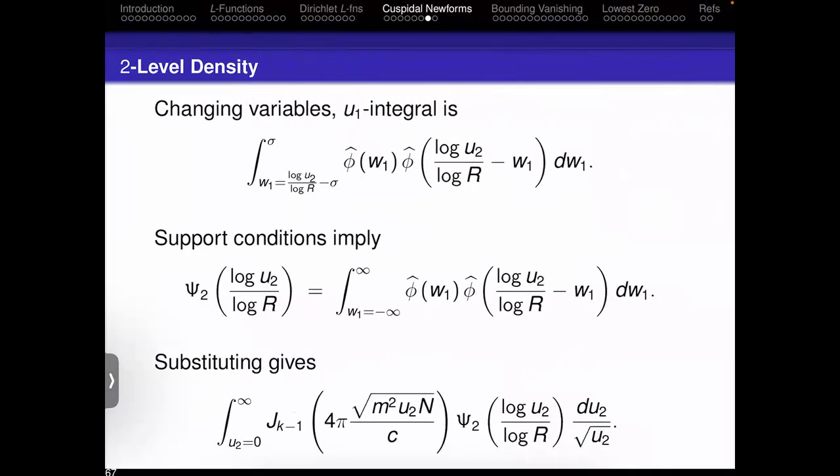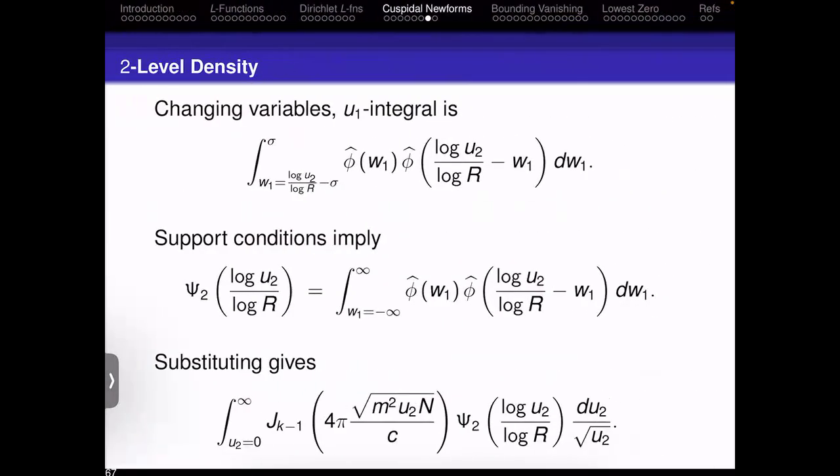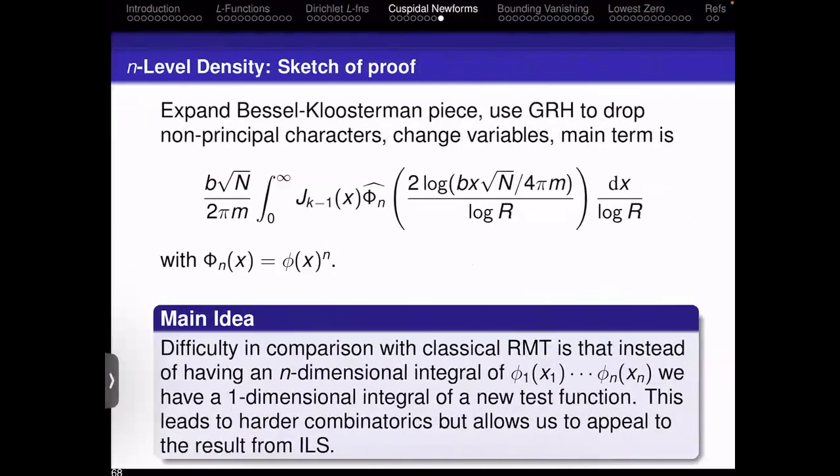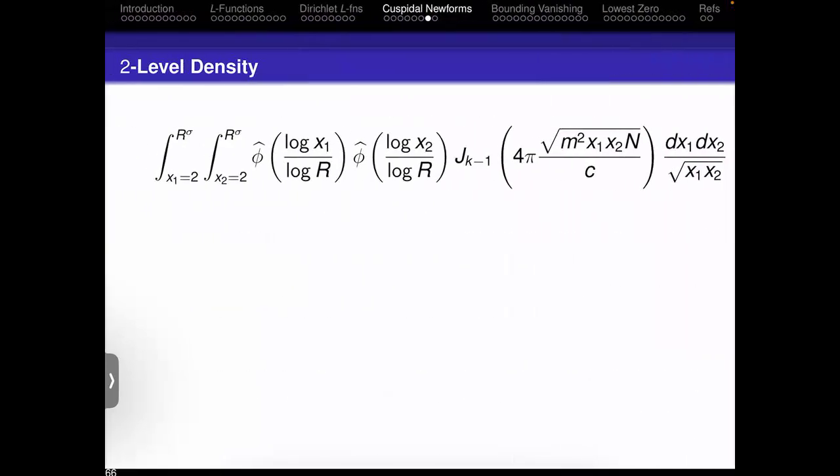If I change variables, we had log of x1 over log R, and log of x2 over log R. Let's let u1 be x1, and let's let u2 be x2 over x1.